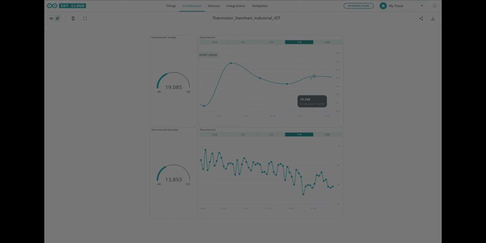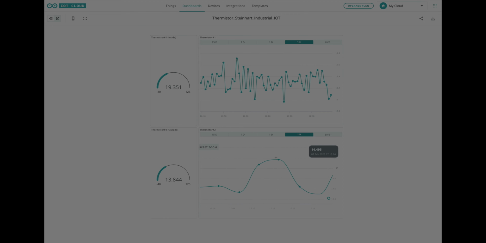It's giving us the actual temperature and the date and time stamp. And if we had to, we could actually zoom in on that portion of it also. And we can reset the zoom, come back out. Any part we want to take a closer look at, we can just zoom in on that section, take a look.